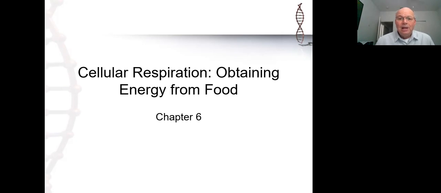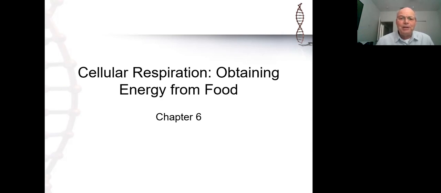And I am going to introduce you to a couple of concepts that are kind of hinted at in the chapter without really being defined very clearly for you, particularly the notion of reduction and oxidation reactions, because they are at the heart of understanding both cell respiration and photosynthesis.